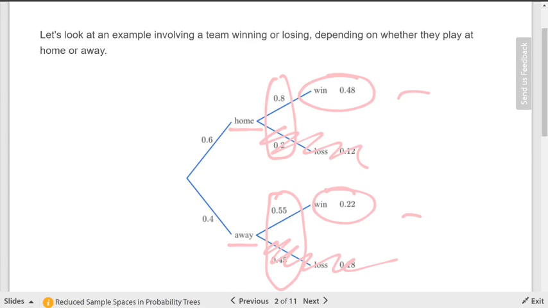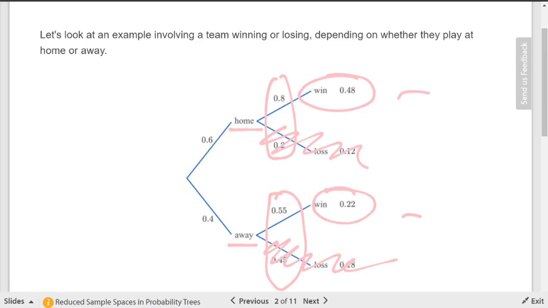We're only allowed to look at wins. Okay? So we have to compensate for that by getting rid of some other information. Okay? So do you see why we have to use a different formula? Because we're literally taking parts of the tree away. So it won't work just by reading the branch.